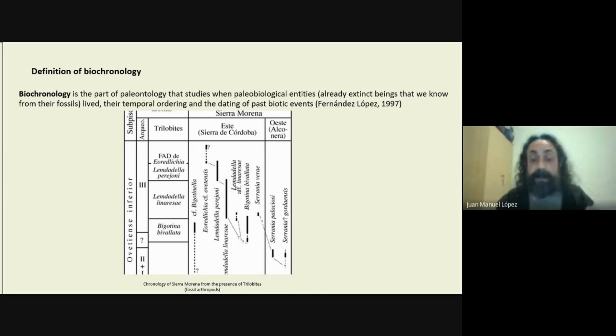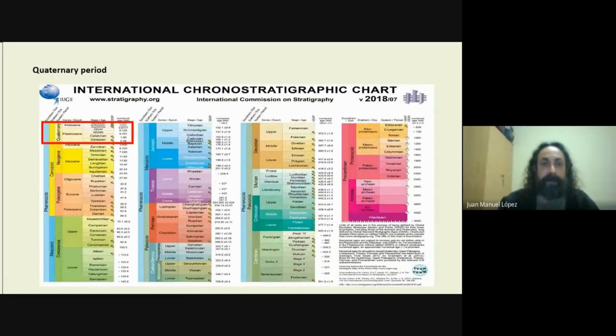This is an example of trilobites from Sierra Morena, from Granada. That is another thing, they are not mammals, but it's the same idea. You can do that with small mammals or with other entities.